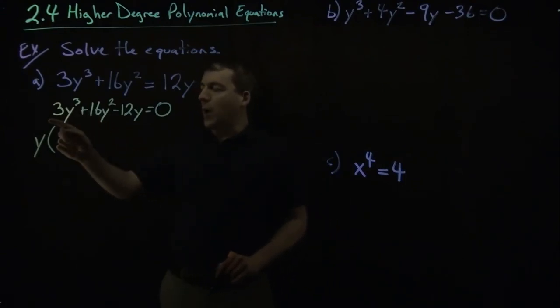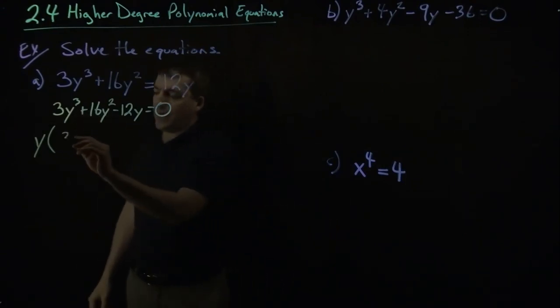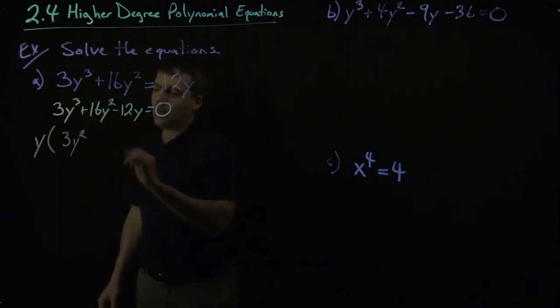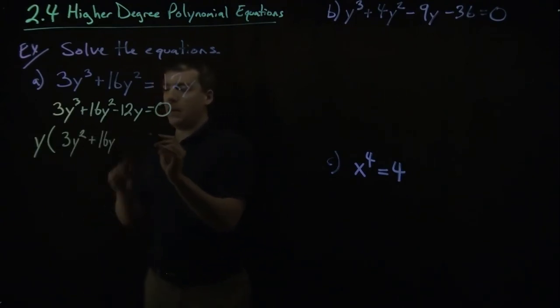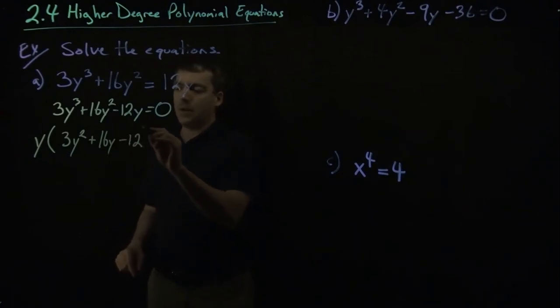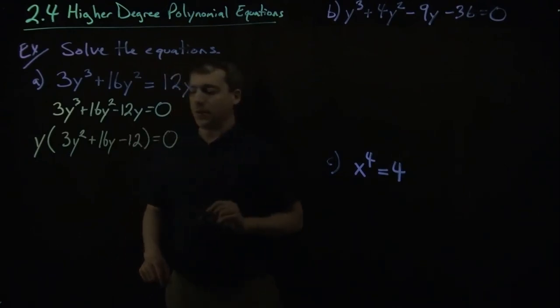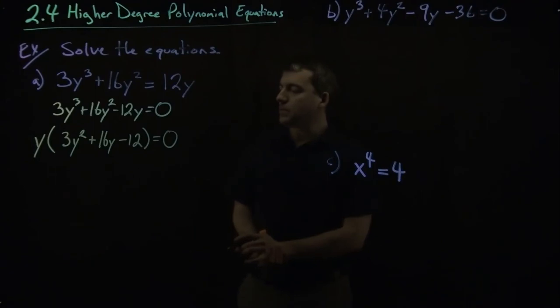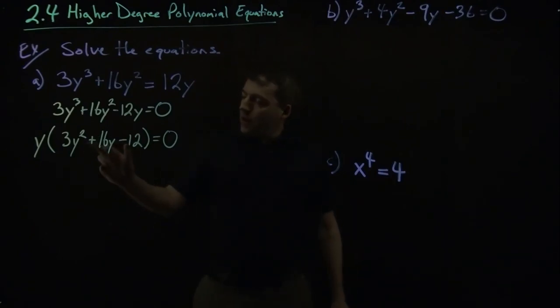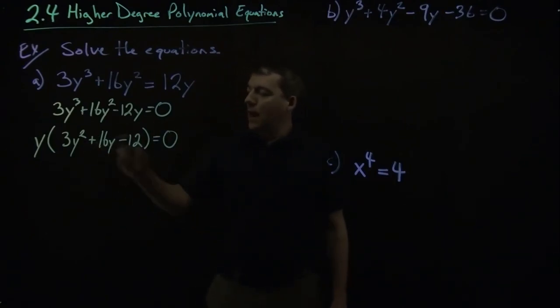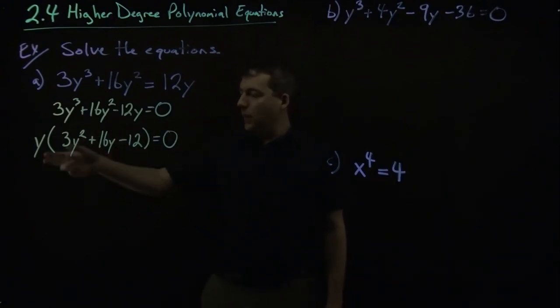So we can factor out the y first, and then write down what's left. If we factor y out of 3y cubed, we get 3y squared, plus 16y minus 12, equals 0. Good. Now we can use the zero product property.